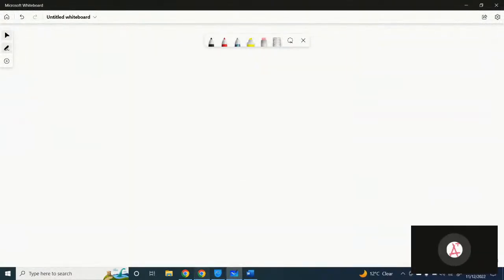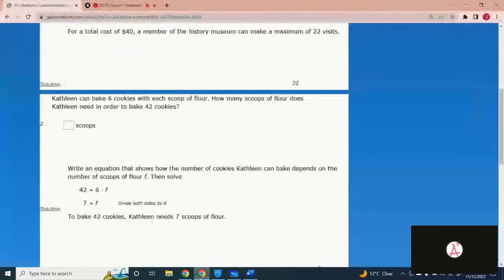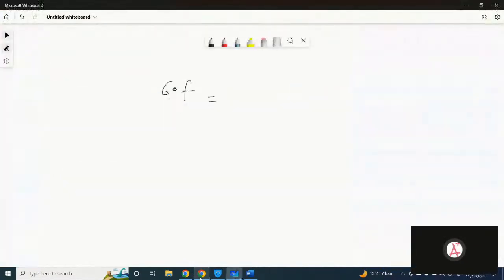So the equation is 6 cookies with each cup of flour. So it would be 6 times F. How many scoops of flour does Kathleen need in order to bake 42 cookies? So it would be 6F equals 42. Got it? Just find the value of F.